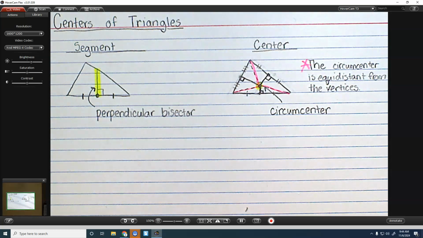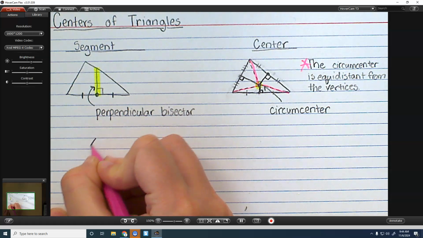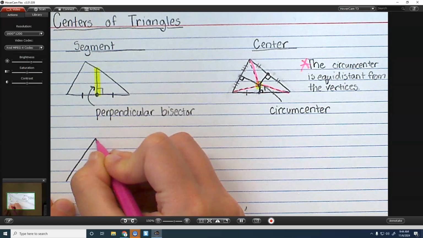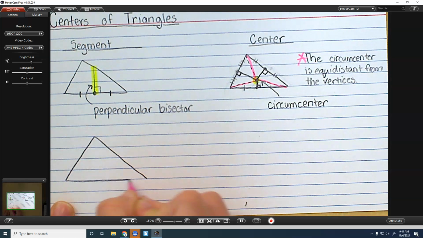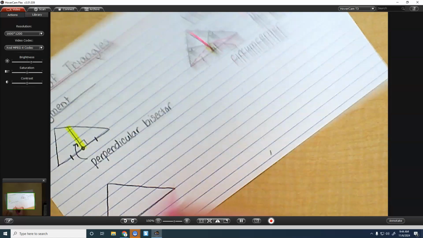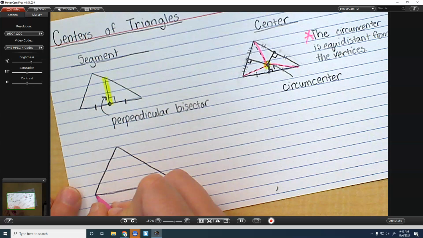All right, so for our segments, we're going to draw a triangle. And then we just want to draw a line that will cut one of those angles right there in half. I think I'll pick this one.